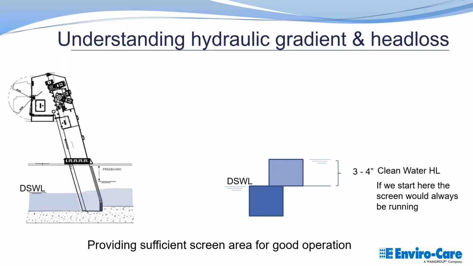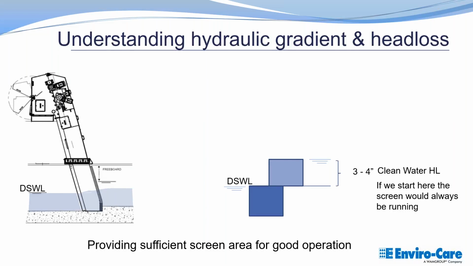However, if we assume that the screen is clean, that there's nothing blinding it, that means that during our peak event flows that we're typically sizing for, our peak flow through the plant itself, we need to run that screen all the time. The run time on a screen, the amount of hours you put on that screen, will decrease the overall time it is between rebuilds. So whereas a screen might last 5 or 10 years between a rebuild, if you're running it all the time, you might find you're rebuilding it every year, every other year.